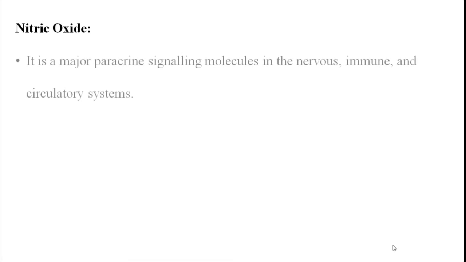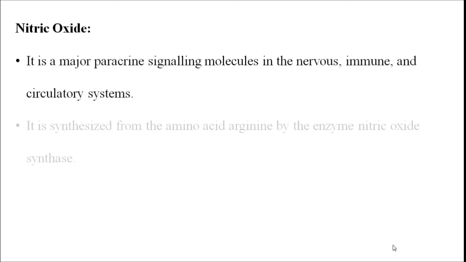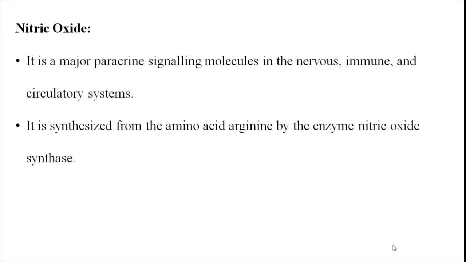The next signaling molecule is nitric oxide. Nitric oxide is a major paracrine signaling molecule in the nervous, immune, and circulatory systems. It is mainly synthesized from the amino acid arginine by the enzyme nitric oxide synthase.